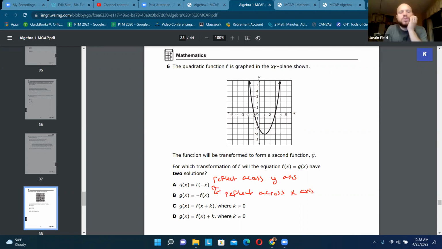So both of those, if we flipped it, or flipping it the other way doesn't even change it, oh well, it would change it, but in any case we would still have two x-intercepts.